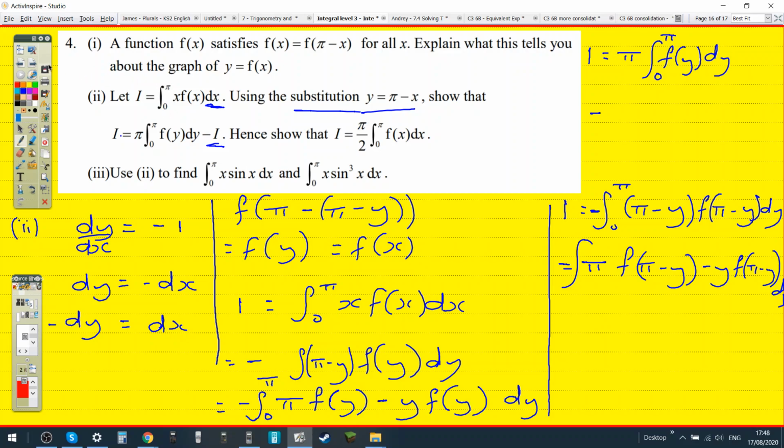I think they split them into two integrals. Two separate integrals. Yeah. So okay, we can bring the pi to the front for the first one, and then minus the integral of y f of pi minus y dy.